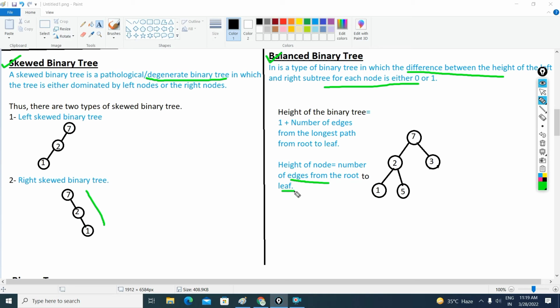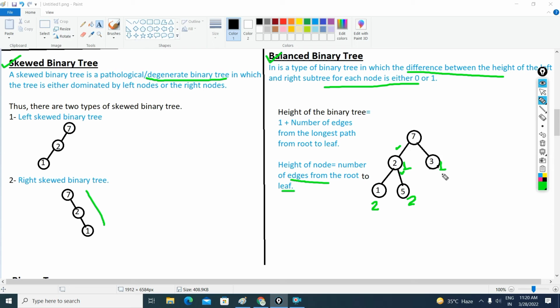So if I want to calculate the height of this node, we will see its edges from the root. So the number of edges is 1 and 2. So the height of this node will be 2. Similarly, the height of this node will be 2 because there are two edges from the root node. The height of this node will be 1, and the height of this node will also be 1 because in this there is only one edge from the root.